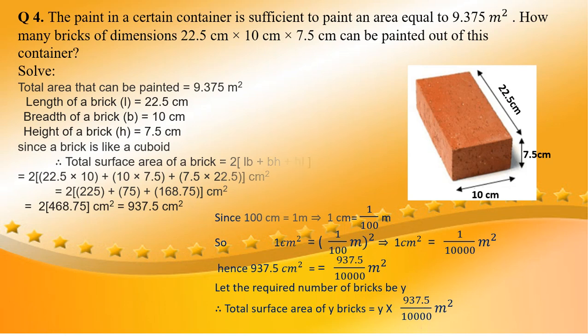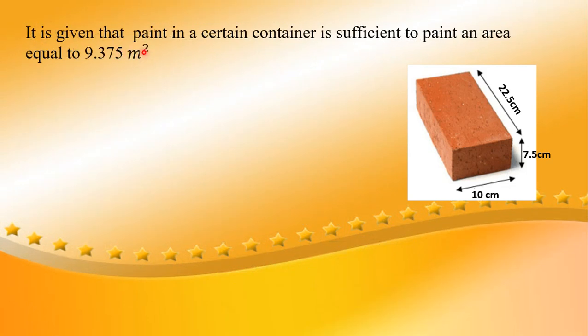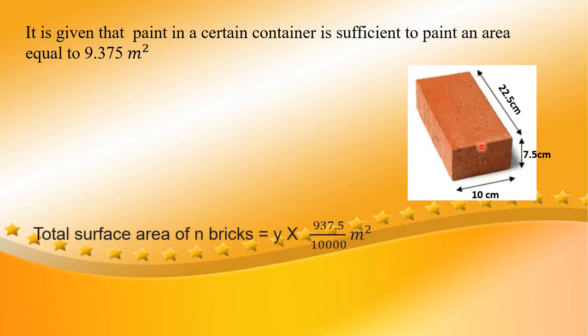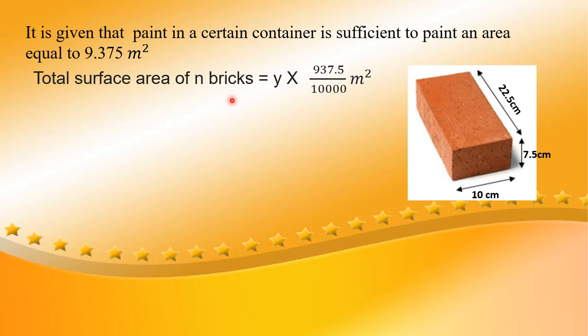Now remember one thing. It is given that the paint is sufficient to paint the total area that can be painted by the container, which is 9.375 meters square. And the total surface area of the bricks is Y into 937.5 upon 10,000 meters square.